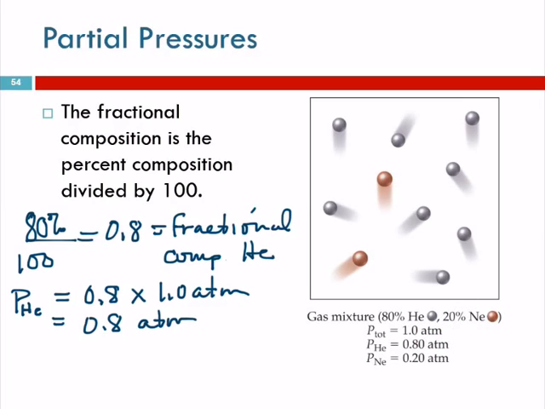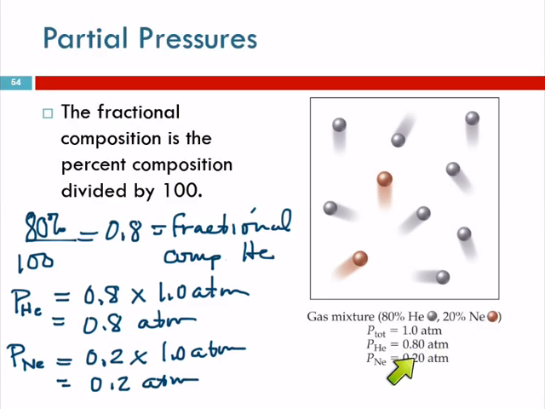What's the fractional composition for neon? 20% divided by 100, 0.2. So the partial pressure for neon is going to be 0.2 times the total pressure, which equals 0.2 atmospheres. If you add the partial pressures together, they give you the total pressure.